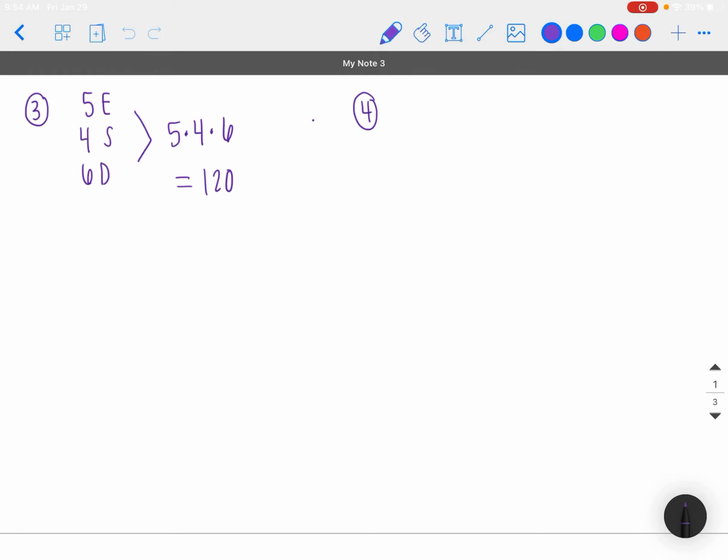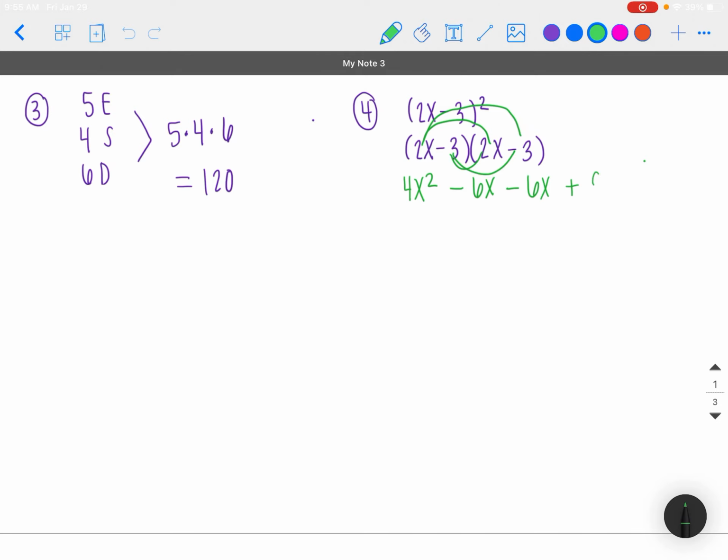All right, number 4, we have 2x minus 3 squared. And we want to write that out in the form ax squared plus bx plus c. So we need to actually multiply this out. So we're going to write 2x minus 3 times 2x minus 3. Because when I square something, that means I multiply it by itself. So 2x times 2x is 4x squared. 2x times -3 is -6x. 3 times -3 times 2x, -6x.